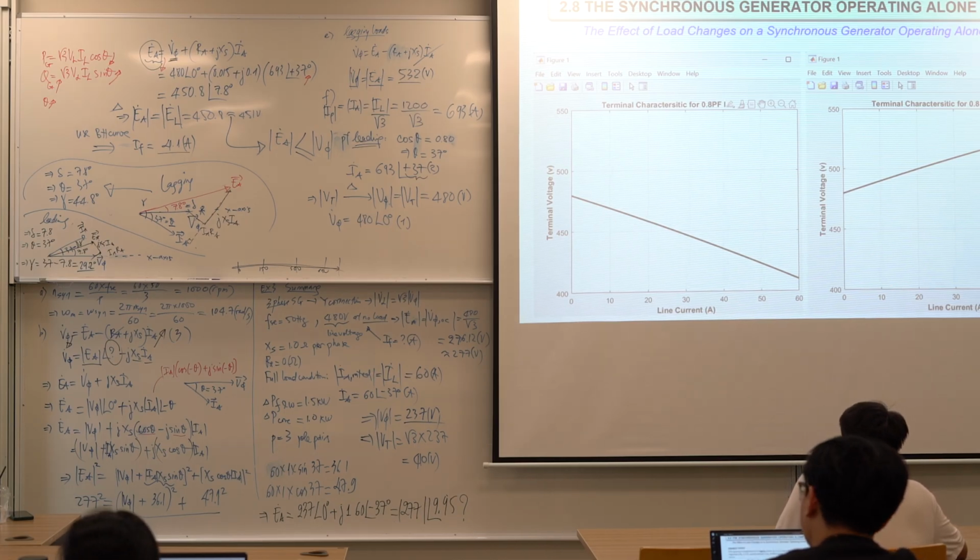So when we increase line current for power factor leading, terminal voltage is increased. You understand?